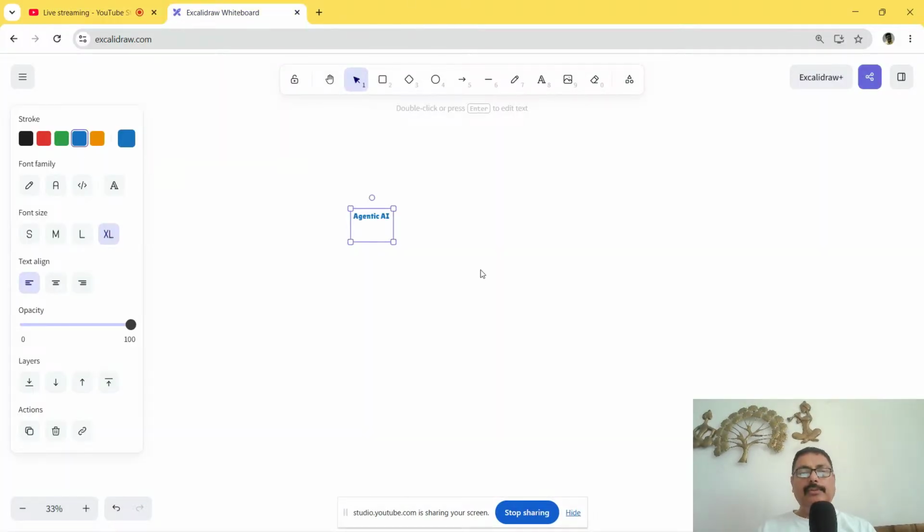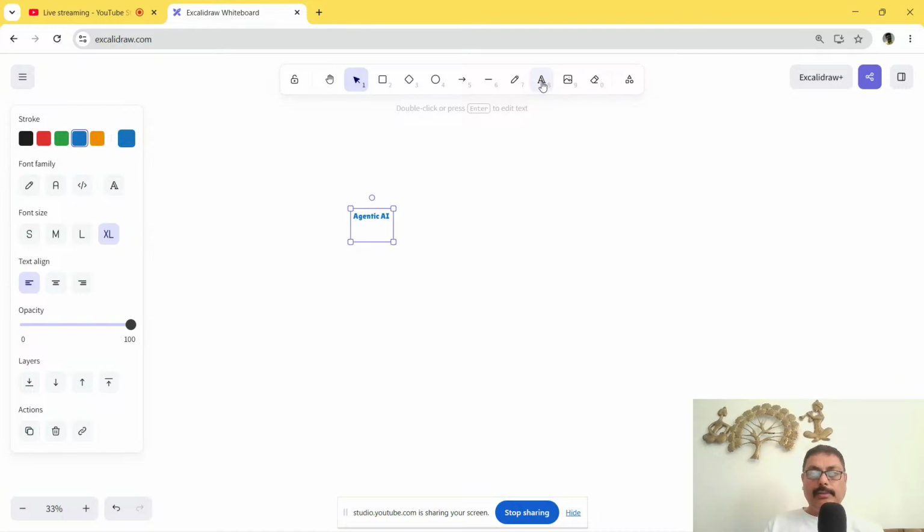I'm trying to draw something here so that you can understand. Instead of simply responding to prompts, AI can now reason, plan, use tools, and collaborate with other agents. So this is very important.